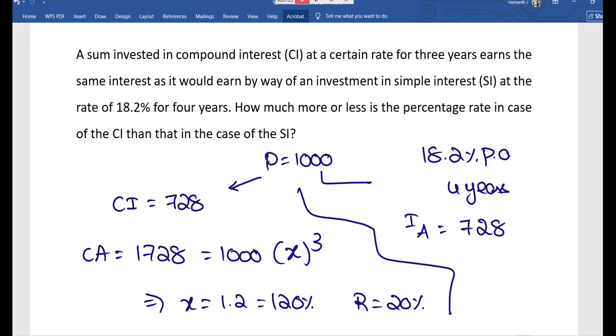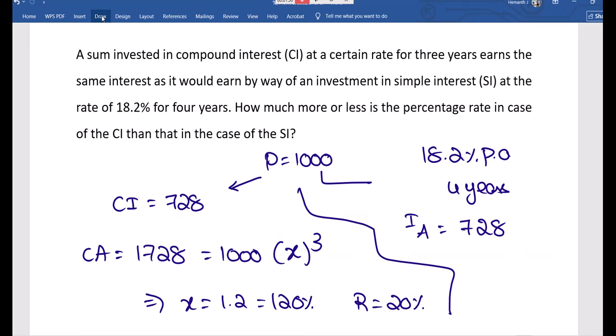That's what the problem is. When you try with pen and paper, then you will get it. So 1,728 is 12 cube. 1,000 is 10 cube. I took a difficult value, 10,000, you made it 10 cube, exact 1,000. Helped me anyhow. So 12 cube divided by 10 cube, 1.2 whole cube, 120%. Rate of interest is 20%.